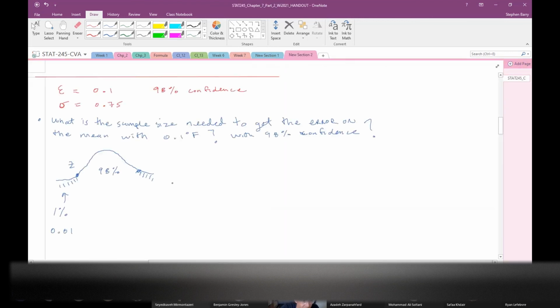And we're in business. Step one was what we know. Step two, what is the Z-score? Here's your diagram, so we're going to use 2.325. Step three, do the calculation.